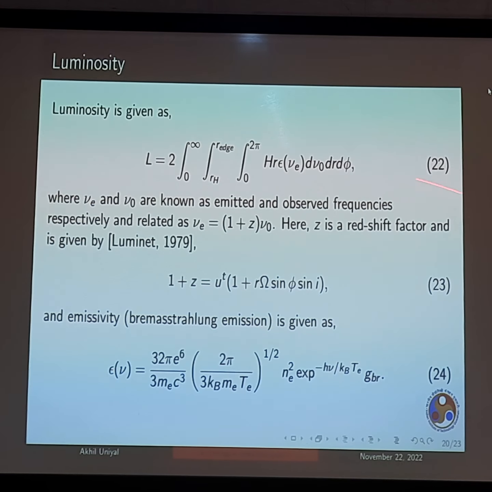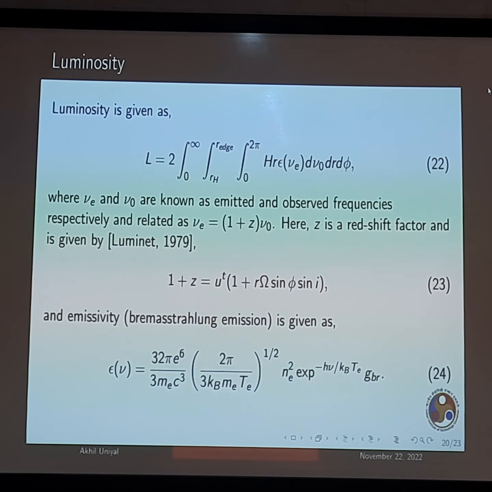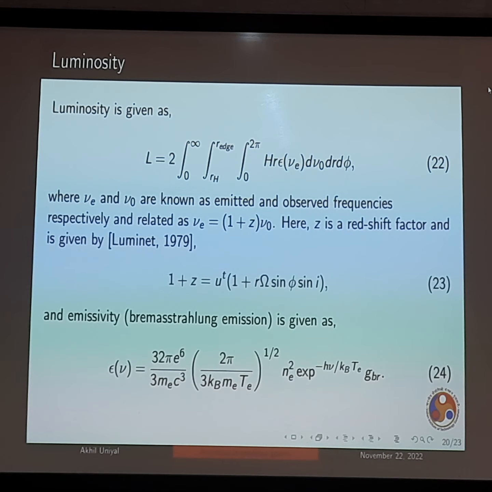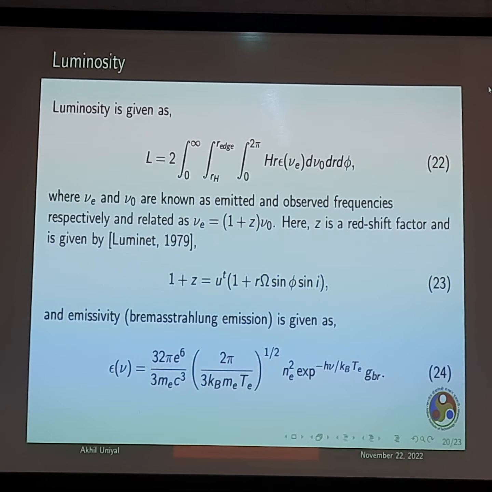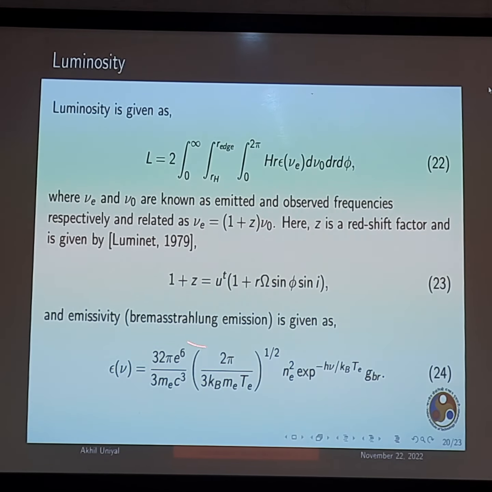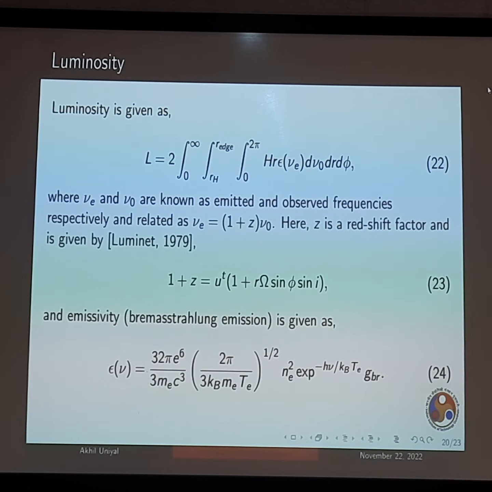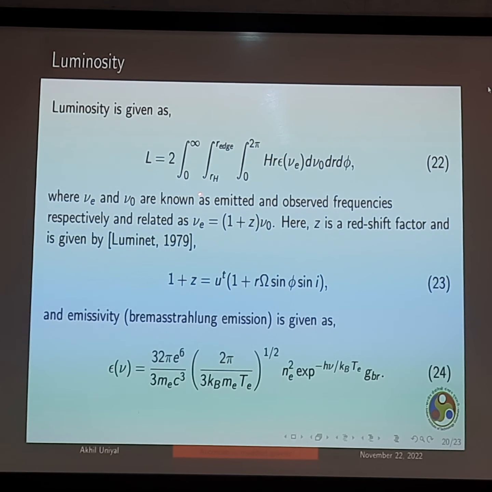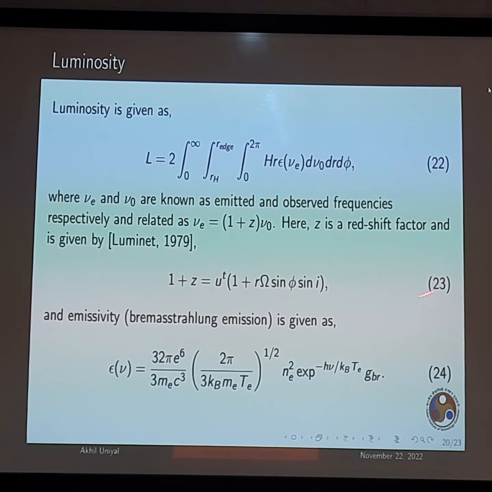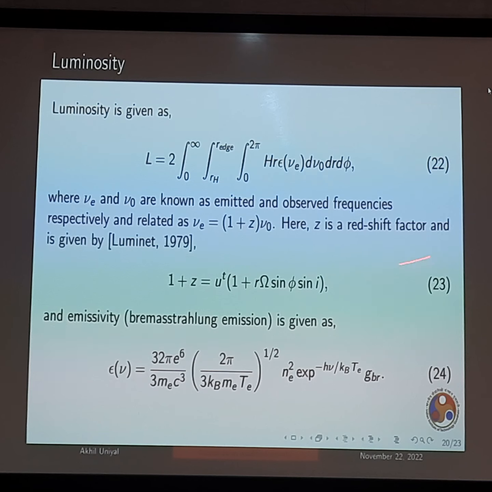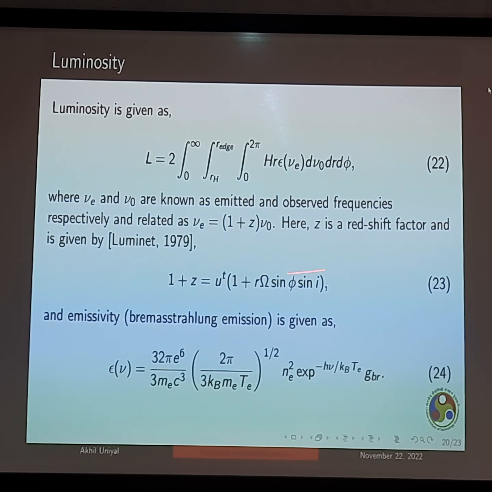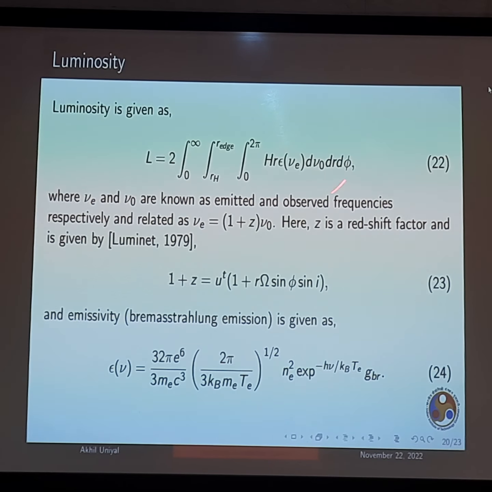All these topologies are without the shock so far, but the luminosity is always a very important part of astrophysics. So what we did is calculate the free emission, which is the Bremsstrahlung emission, in which you can consider your fluid to consist of ions and electrons, and as the electrons lose energy, they will emit radiation, and that radiation you can calculate from this equation 22.